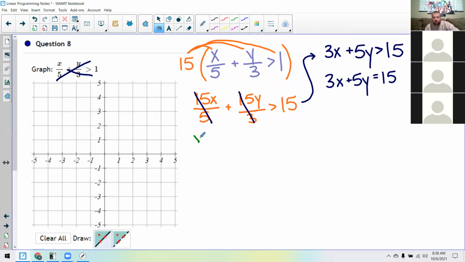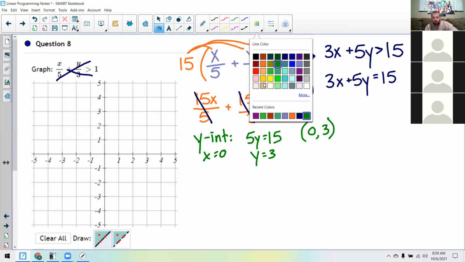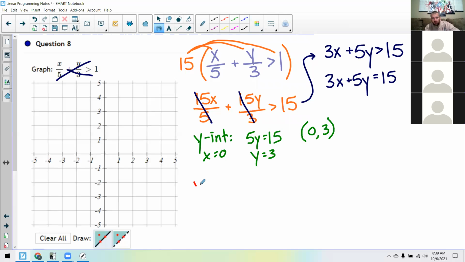I'll just kind of do this one quick. We'll do the y-intercept. Let x be 0. This thing is 0, so I get 5y is 15. So y is 3. So when x is 0, y is 3. The x-intercept we get when y is 0.